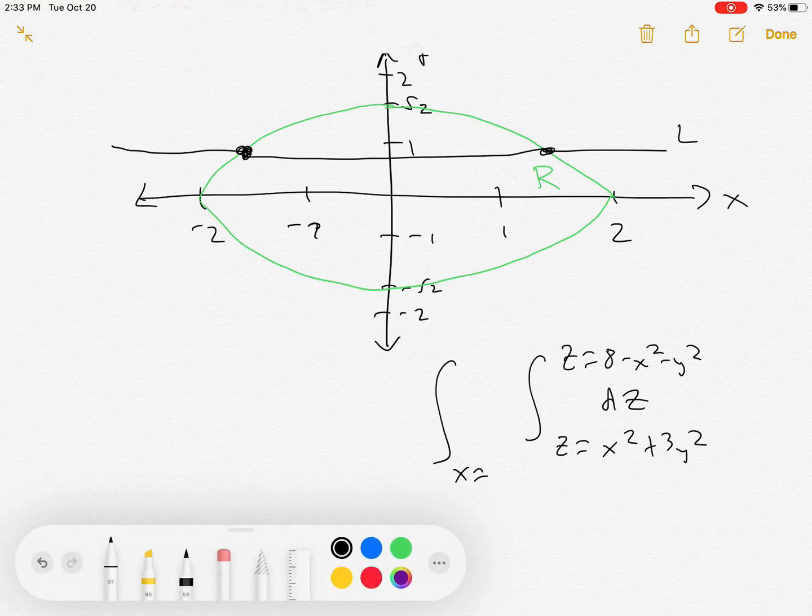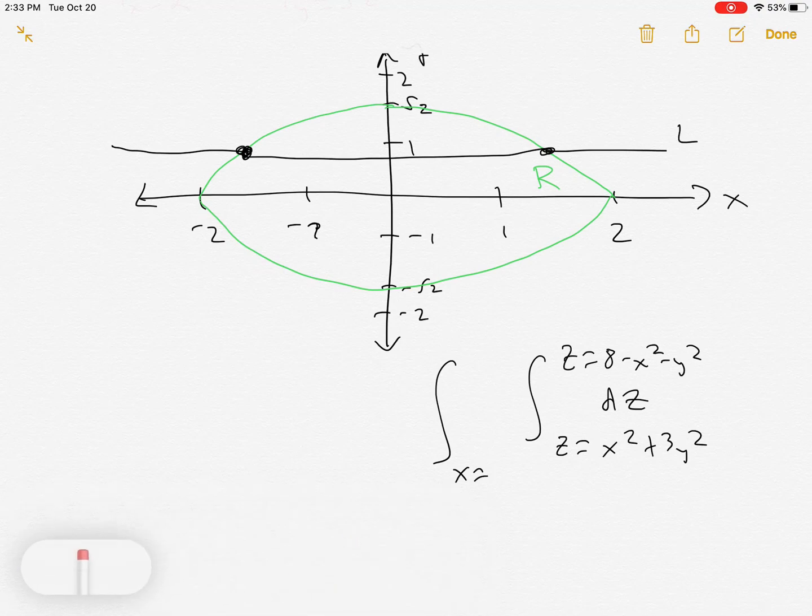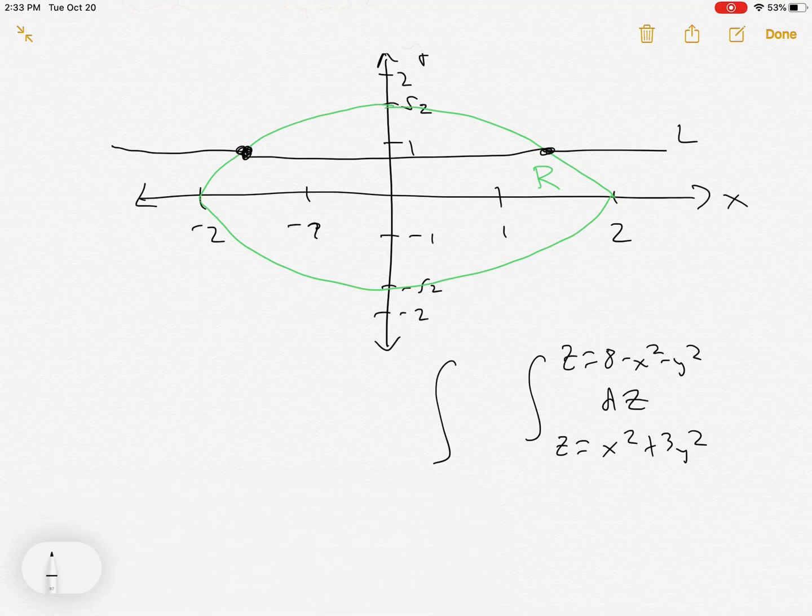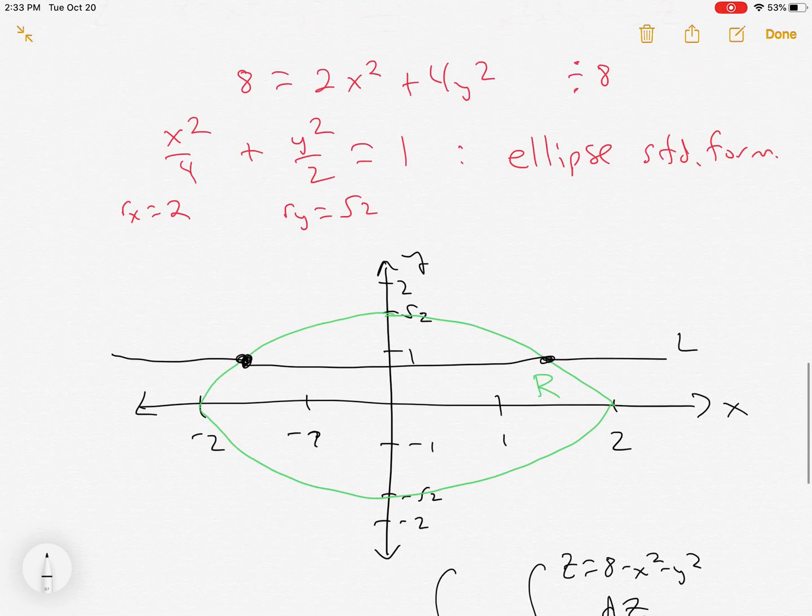Sorry, that's wrong. So we have, no, that's right. X equals, what is this? We just found it here.